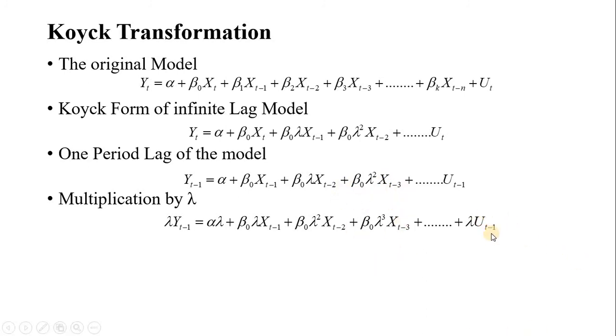And the last one is ut minus 1 multiplied by lambda, lambda ut minus 1. Now what you have to do is subtract this equation from this equation, yt minus lambda yt minus 1. This is the yt equation, and this is the lambda yt minus 1 equation. You subtract this equation from this equation.